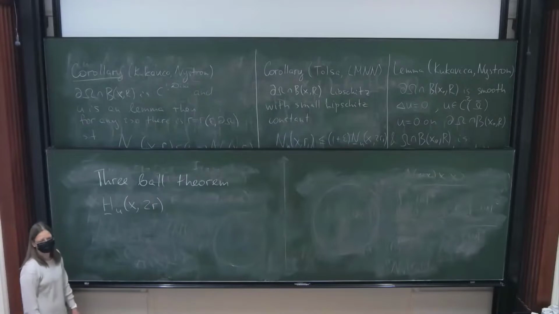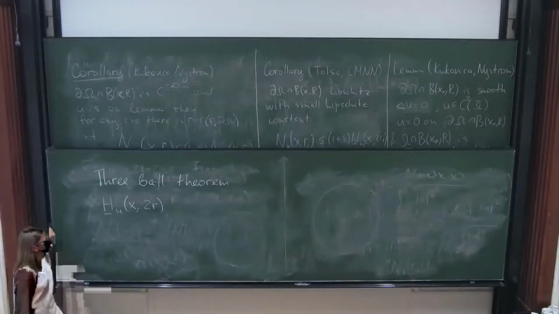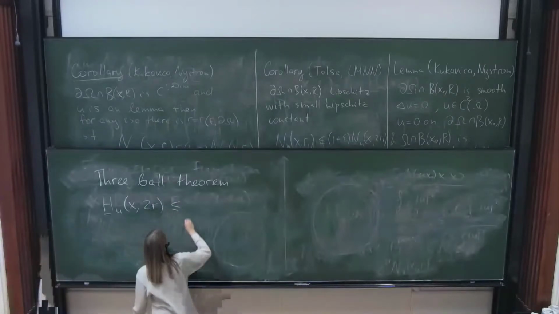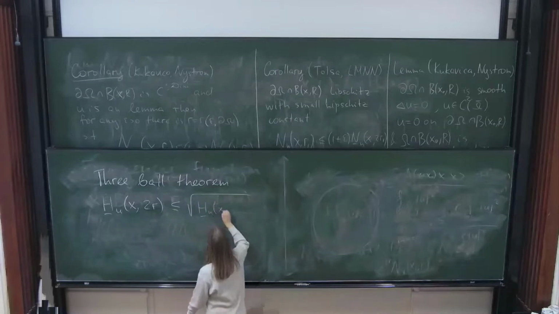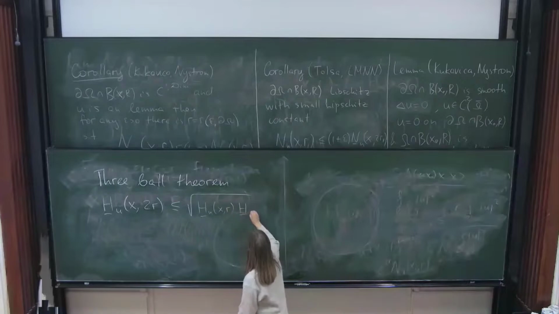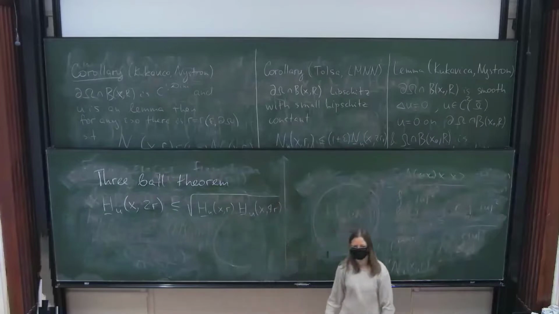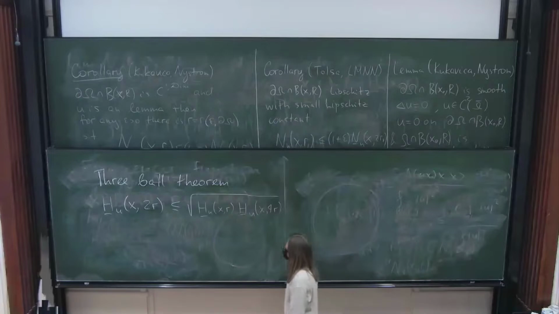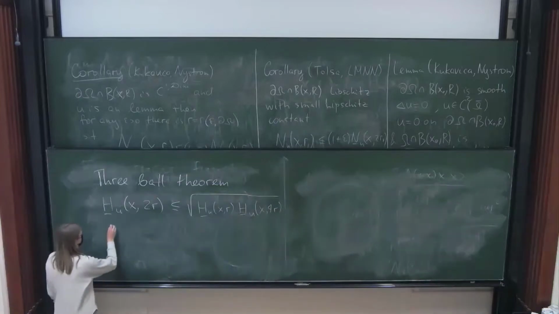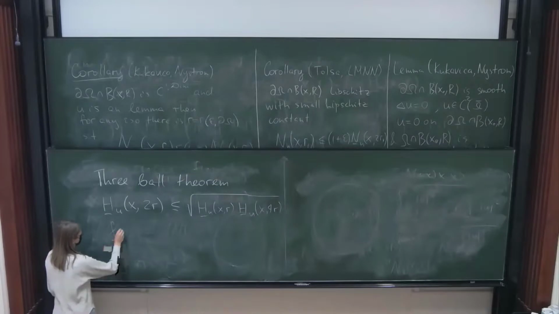The average over the ball of radius 2R is bounded by the square root of the average over the ball of radius R and the average over the ball of radius 4R. It's a particular case of R, of course.